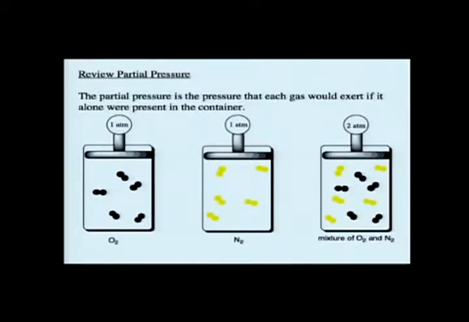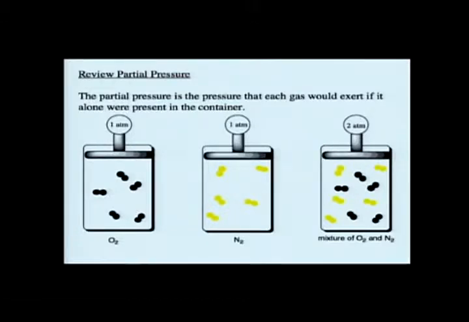So here's a little review, or for the first time, description of partial pressure. What is the definition? The partial pressure is the pressure that each gas would exert if it were present alone in the container. In this example, we have oxygen in a container at 1 atmosphere of pressure. In the second one, there's nitrogen in a container at 1 atmosphere of pressure.